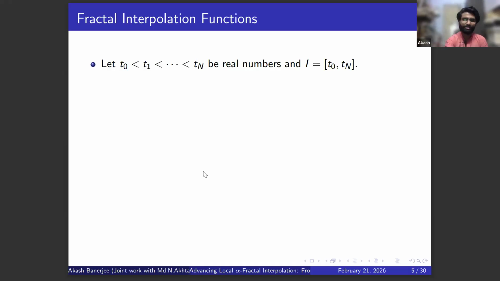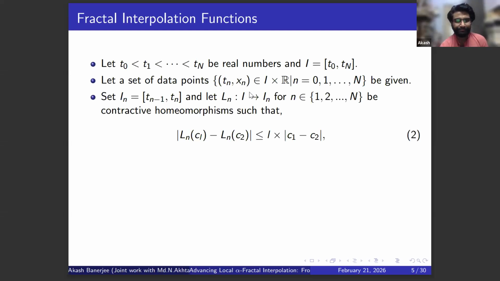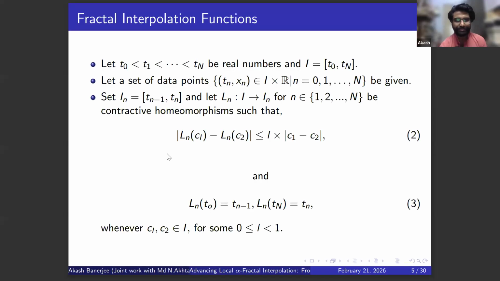The construction goes like this. You start with a finite set of real numbers, and corresponding to those real numbers, we consider a data set. Here we denote that with Tn comma xn, and then we use a set of contractive homeomorphisms.